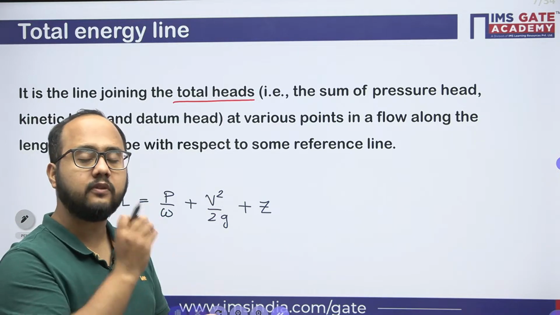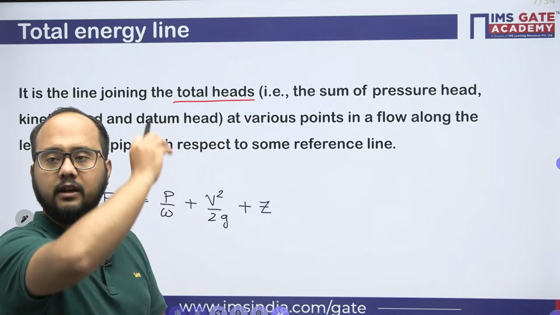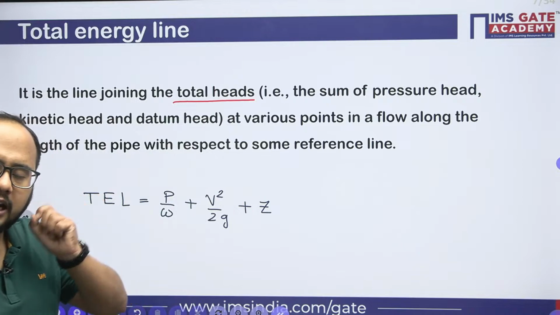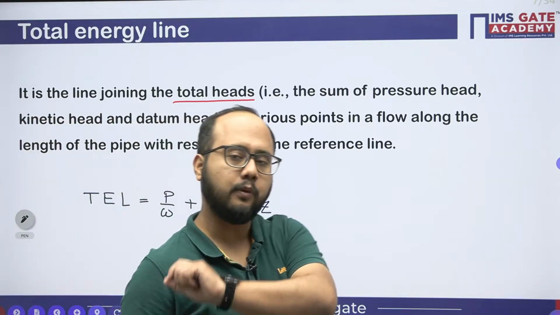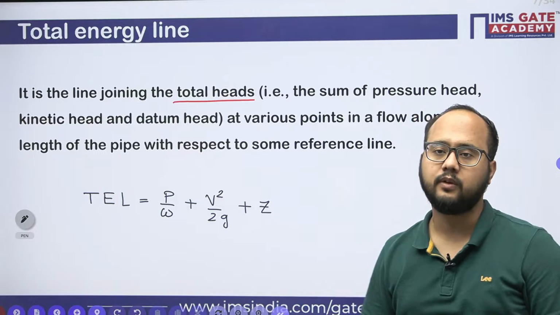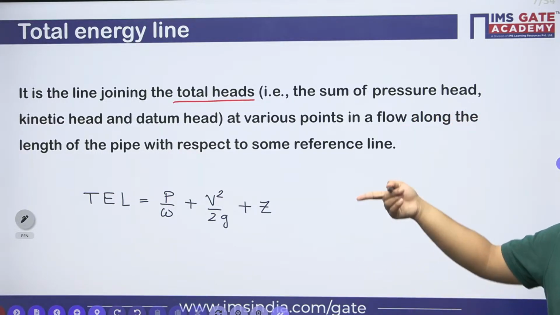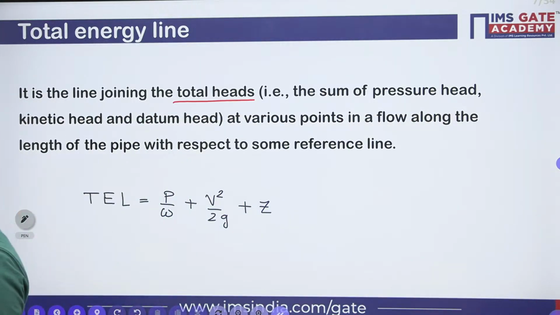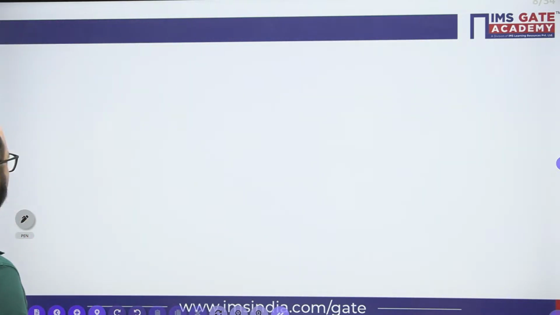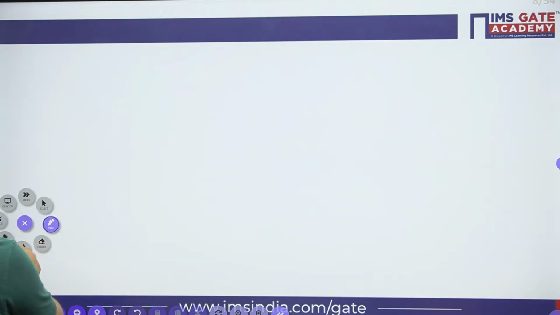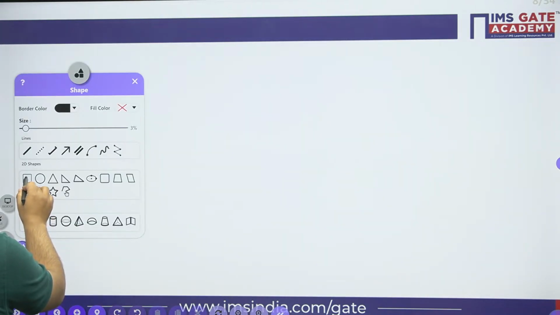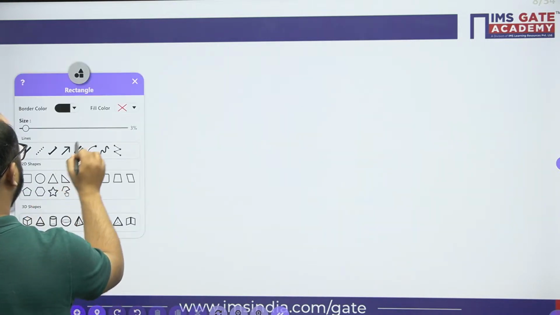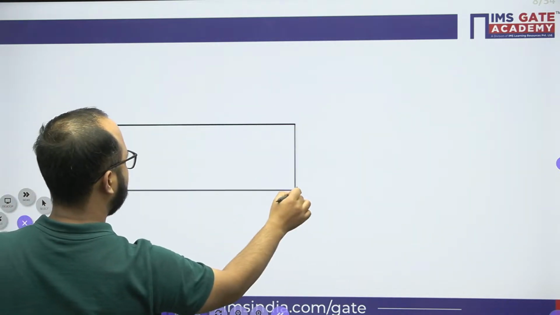At any particular location we will see the value of this total energy head and locate it graphically, and for every section along the pipe length we will plot all those values, join all those points, and we will get the total energy line, correct? I hope the point is clear, everyone. Right, so just one example if I show you here. Let's suppose this is the pipe you are having.